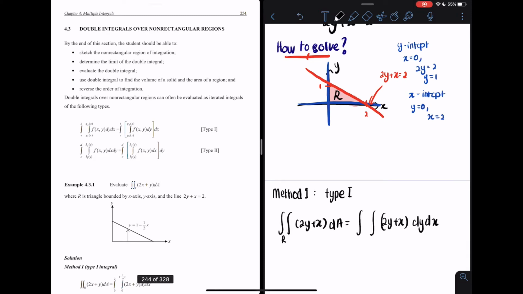All I need to do on this region R is sketch an arrow, and this arrow should be moving bottom up, parallel to variable y, or the y-axis. According to this arrow, it will touch the blue line that lies on the x-axis first.